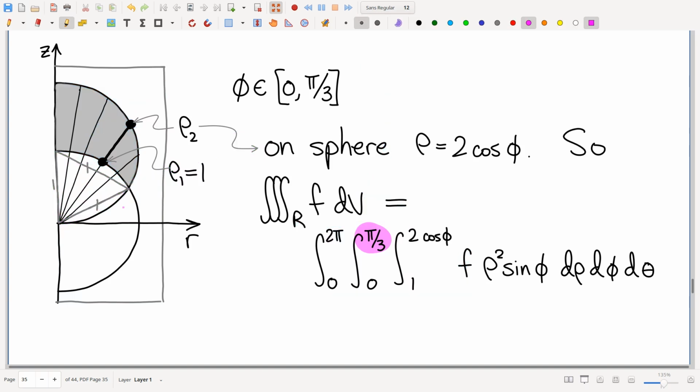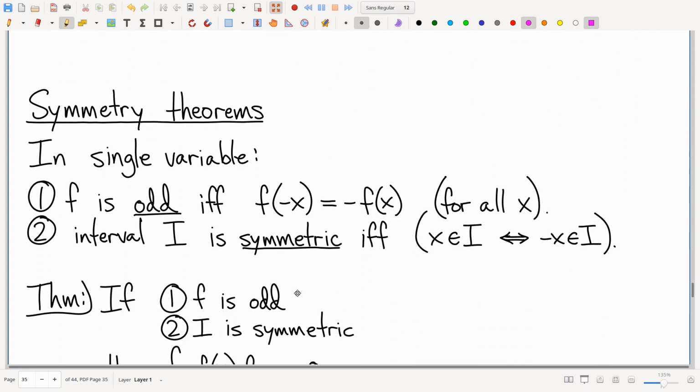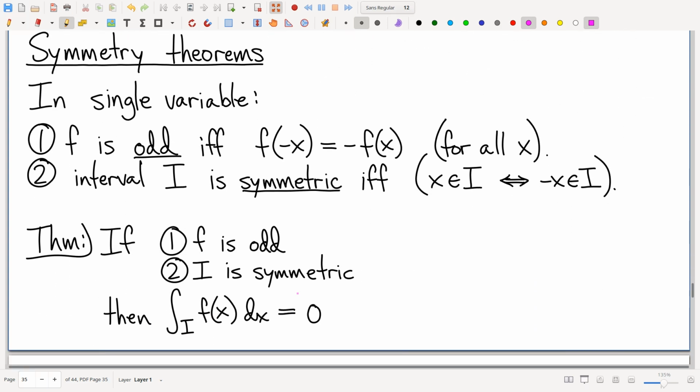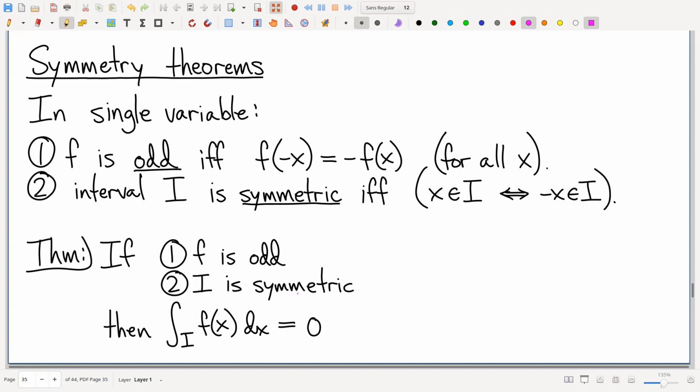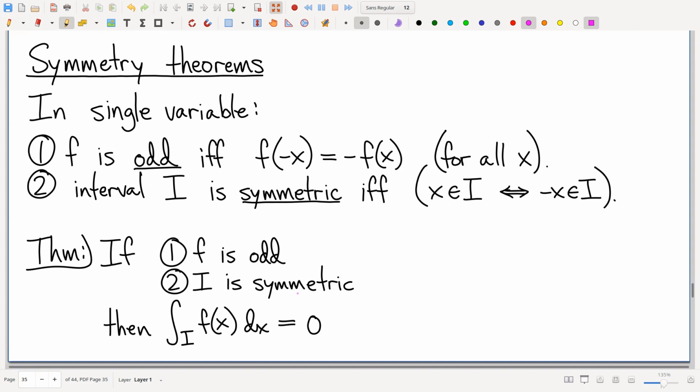Okay, so I want to move on to the last third, if you will, of section 5.5, and I'm going to confess this is not covered so much in 5.5, but I think this is really important. I think it's undersold in this book, and frankly, it's undersold in most multivariable calculus textbooks, and that's the idea of symmetry theorems.